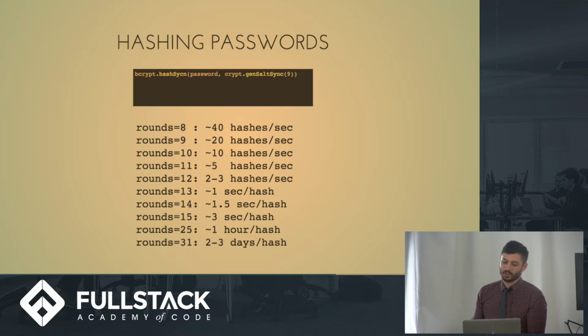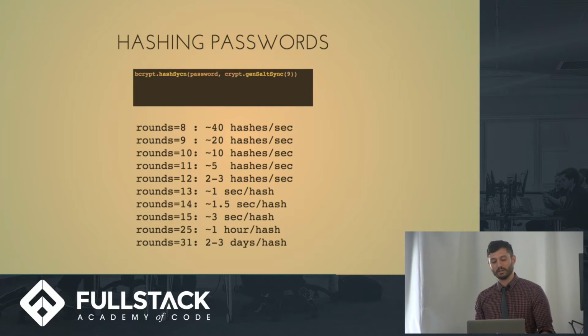If you can see here, the bcrypt.genSaltSync method takes a parameter as a number. This is the number of rounds that this hashes itself. So if you go 8 rounds, someone trying to hack this password would be able to measure about 40 hashes per second.